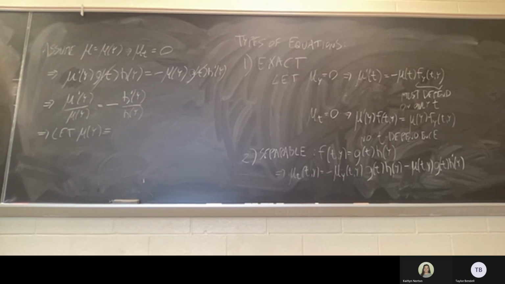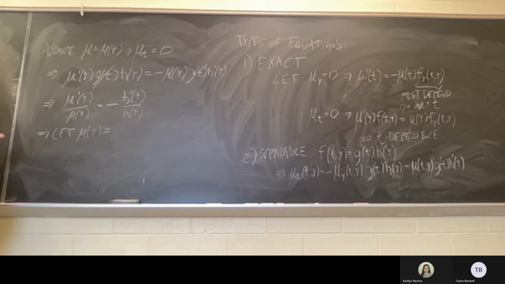Oh, you know what? I just realized something. It's not as simple as I thought. Because set mu equal to minus h. Then you make this fraction, and they cancel out. So mu equal to minus h.